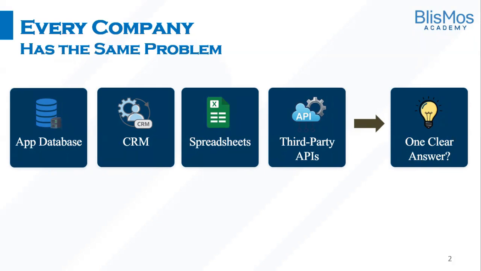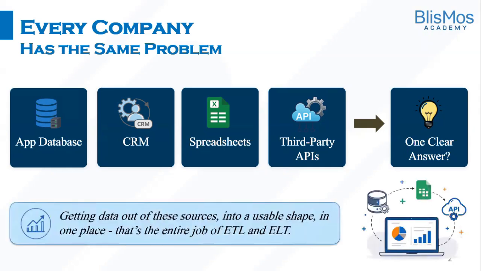It contains duplicates, missing values, and inconsistent formats, everything. So, before it's ready for analytics, it needs some processing. That is where getting data out of the sources into a usable shape in one place is entirely the job of ETL or ELT. So this is exactly what ETL and ELT help us to do.